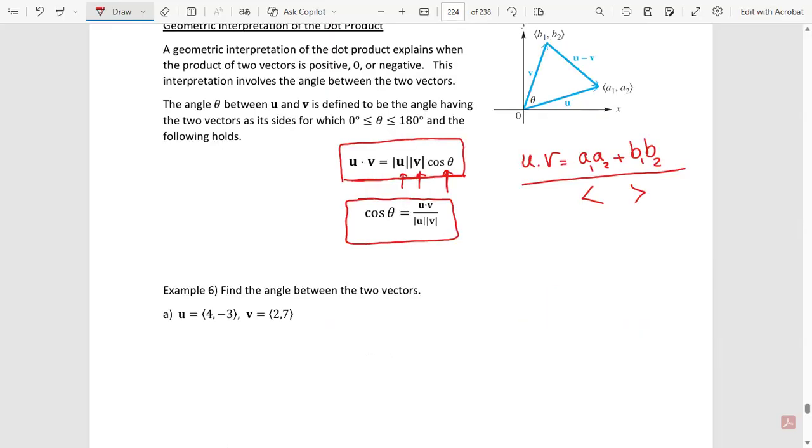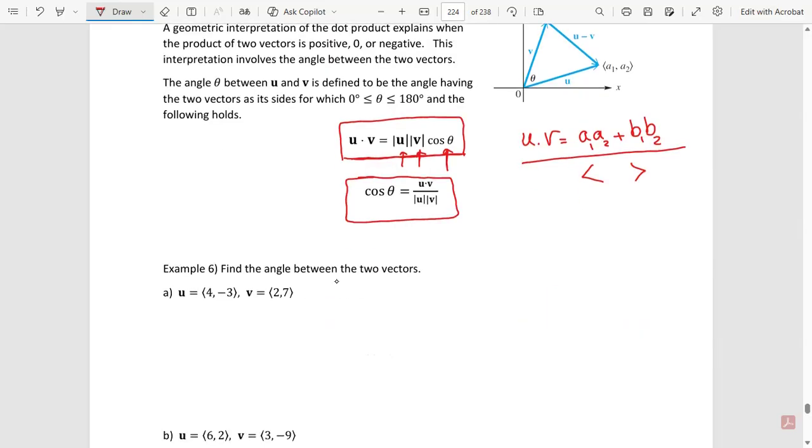For example, the question is asking me to find the angle between these two vectors. I know the only formula to find the angle between two vectors is this formula. That means I need to find the dot product and the magnitude of each of u and v. Let's find them first. How do we find the dot product between u and v?